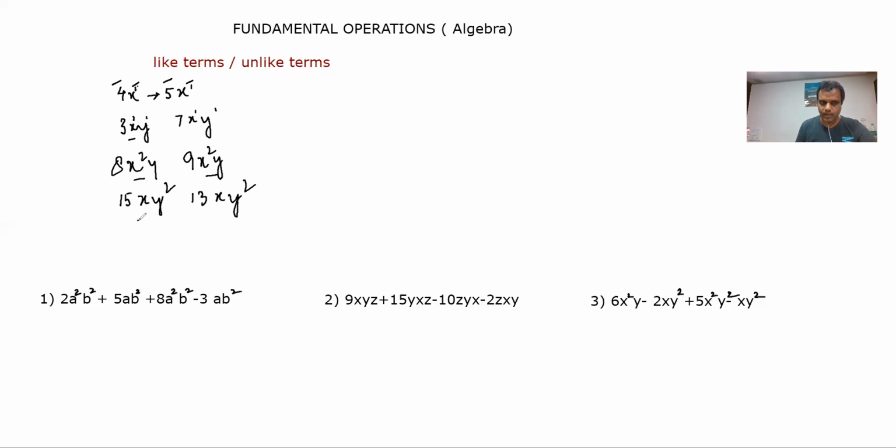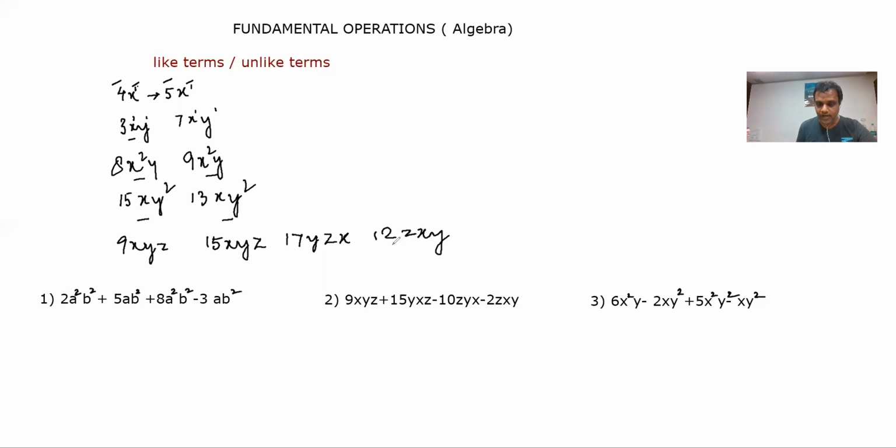And similarly this one, xy square, xy square. There can be another one, 9xyz, 15xyz, or 17yzx, or 12zxy.